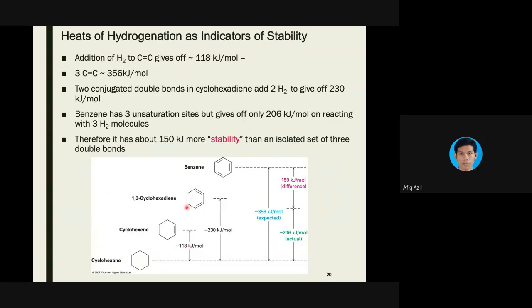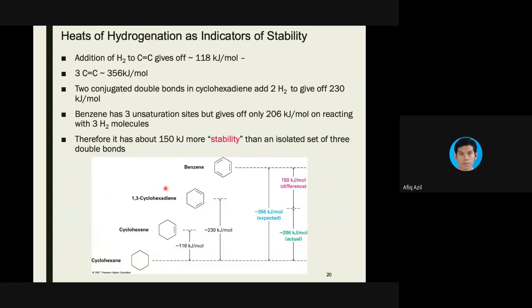If this one, cyclohexadiene, has 2 double bonds, theoretically it will release 118 times 2, so you're going to get 236 kilojoule per mole. But experimentally, the data obtained is 230. So still acceptable, just a difference of 6 kilojoule per mole of energy.